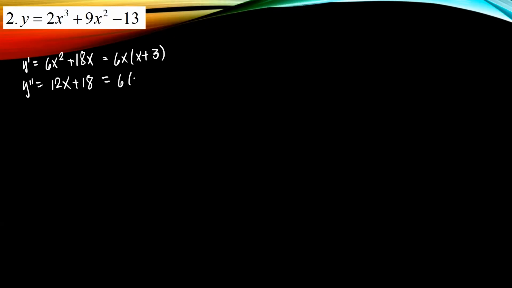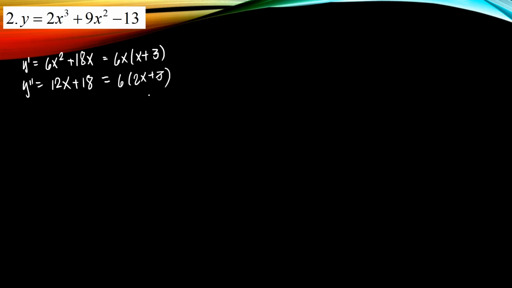Let's try another one. Y double prime is 6x squared plus 18x, sorry. Basically, it's 6x and x plus 3. Okay. So the y double prime is basically based from this 12x plus 18. So you can factor out 6.